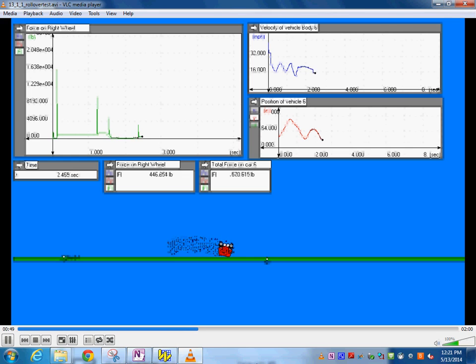So you could see the first force on the suspension is close to 8,000. The one for the roof is around 4,000. It hasn't completely stopped, but the energy is being lost as time goes on.